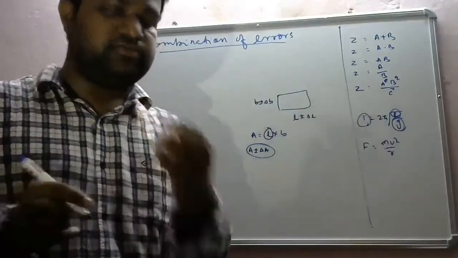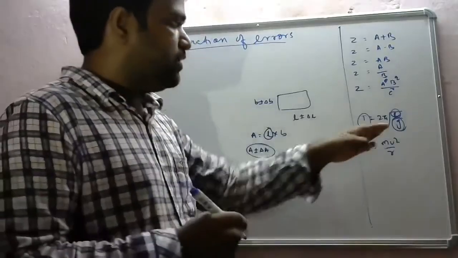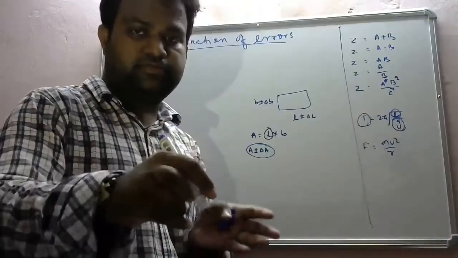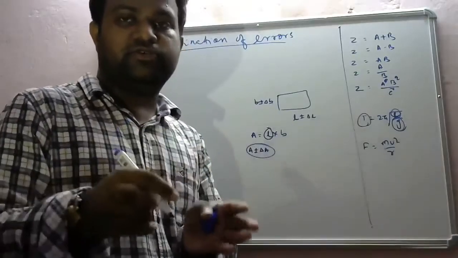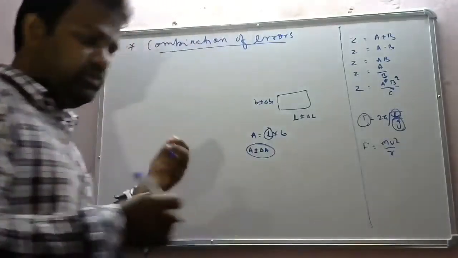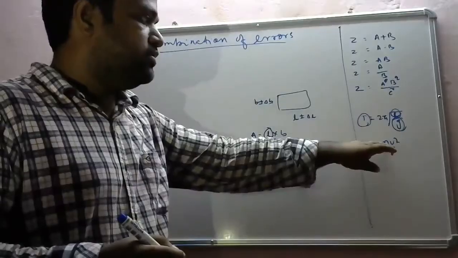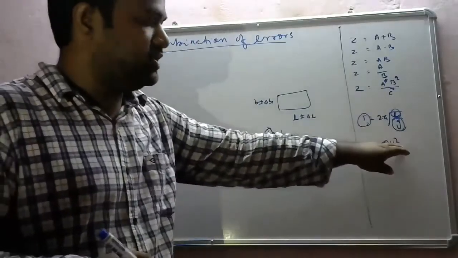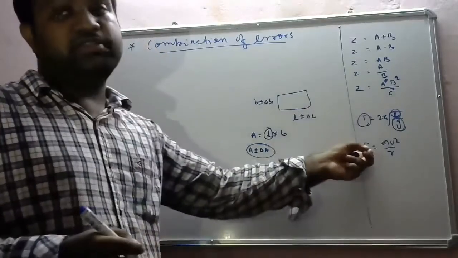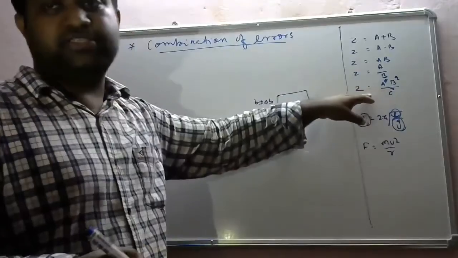And while you are measuring the radius of the circular track, you are also making some mistake, so plus minus some errors are there in your r also. So when errors are there in mass, in velocity, and in radius, then what will be the error in centripetal force? Obviously, it will have some error. So it will come under this general formula.